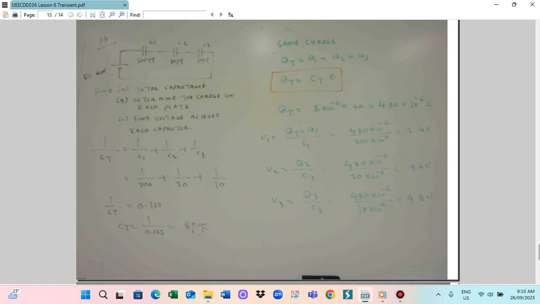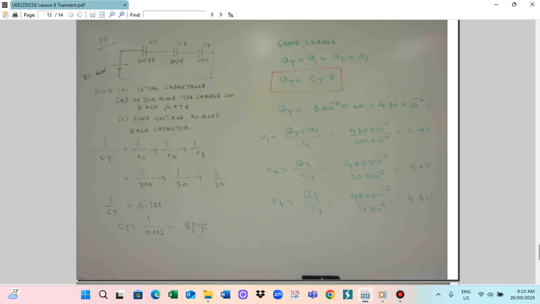So Q you can calculate. The Q formula is C total into E total. So this is for the total charge, calculated from the capacitance and the total voltage.